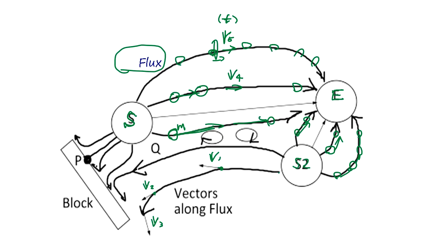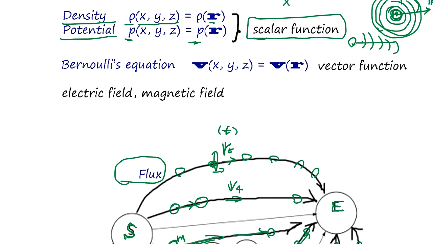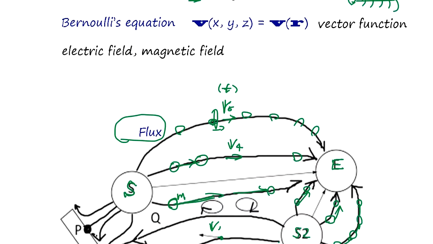So this approach was taken and successfully produced the famous Bernoulli's equation, which is basically the velocity at each location. So this is a vector function, a multivariable vector function.